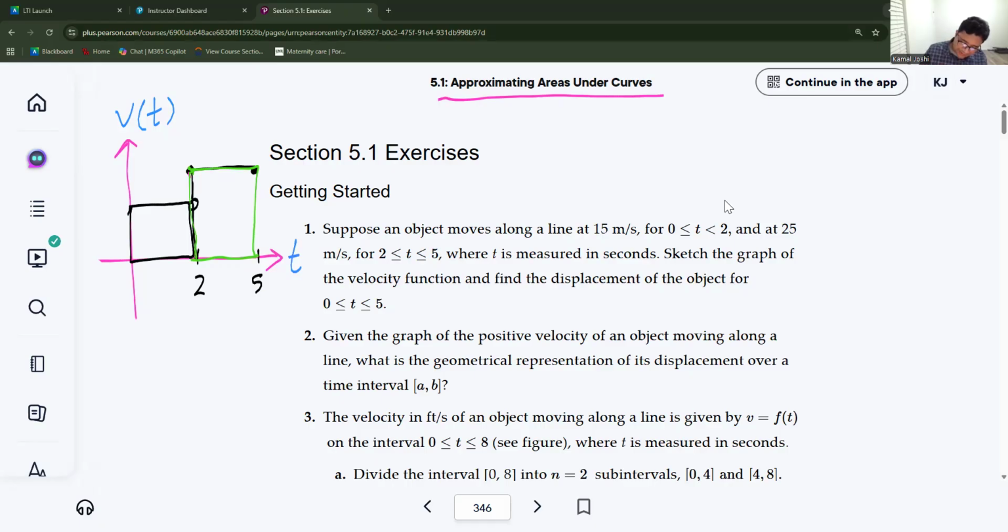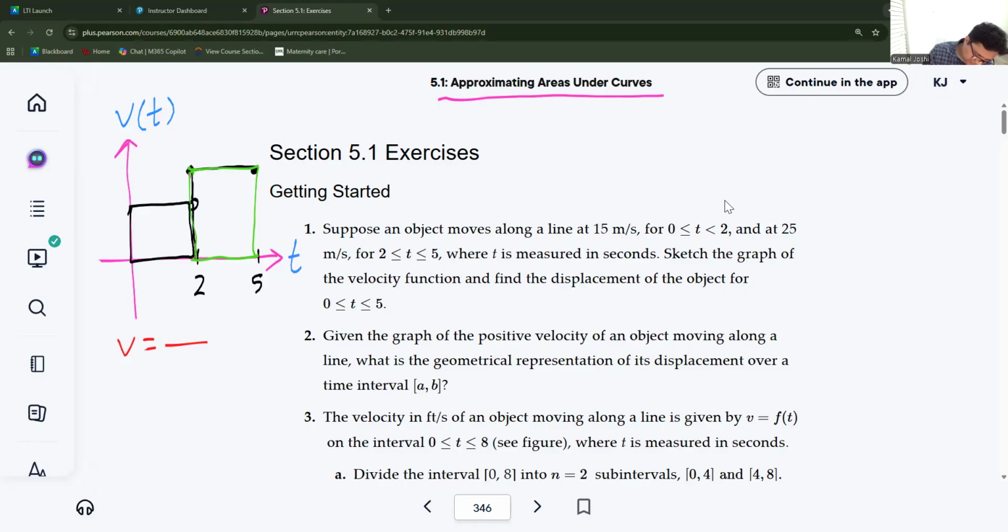Even physically, intuitively, velocity is distance over time, like the derivative.